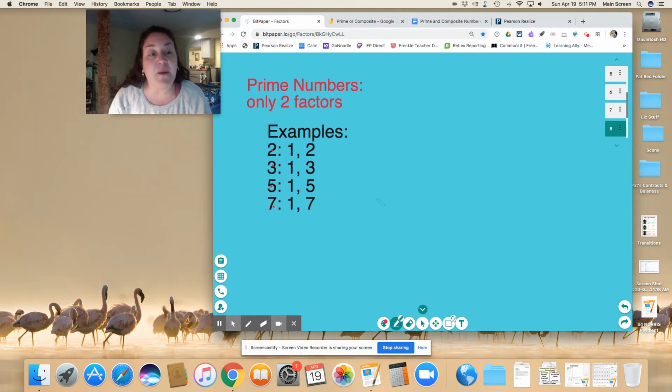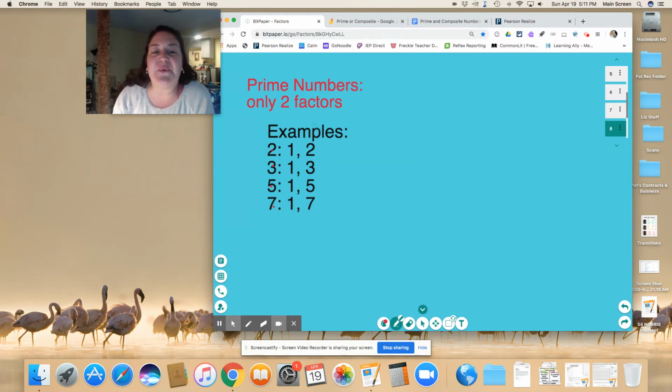The reason they are prime numbers is because they only have 2 factors. The only numbers that you can multiply together to get 2 are 1 and 2. The only numbers that you can multiply together to get 3 are 1 and 3. The only numbers that you can multiply together to get 5 are 1 and 5. And the only numbers that you can multiply together to get 7 are 1 and 7.